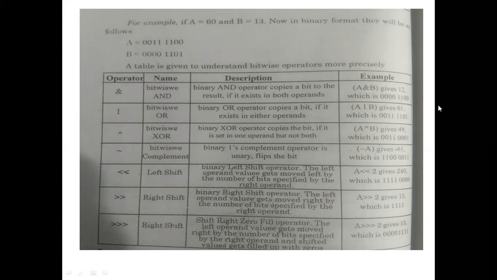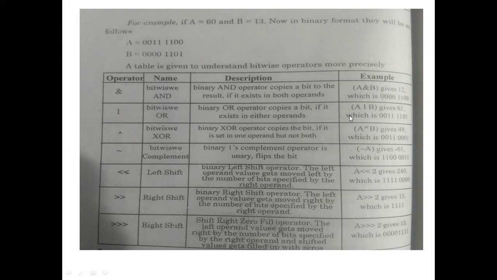So 0, 1 gives 0. Here 0, then 0, 0, 0. Then 1, 1, 1, 1, and 1, 1, 1, 1. Then 1, 0, 0, 1, 0, 0, 0, 0, 0, 0, 0, 0. So this value will be obtained. If you convert this number to decimal, it gives you 12. So A bitwise AND B gives 12.